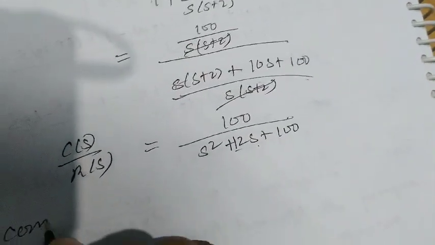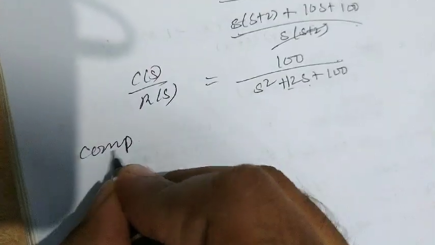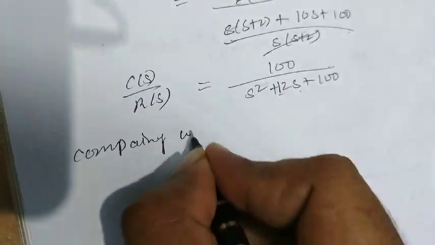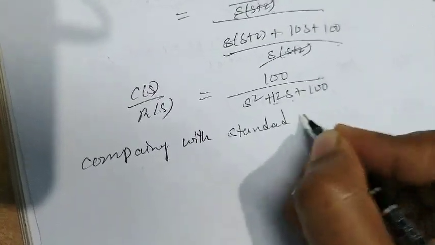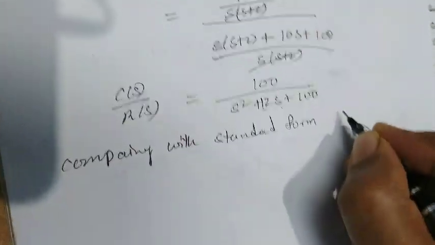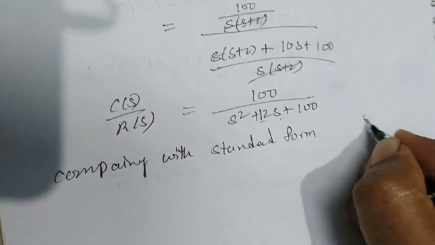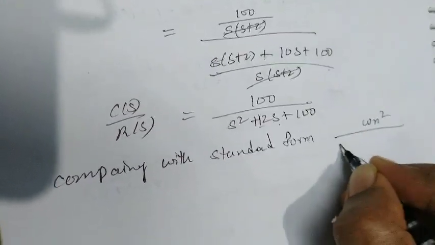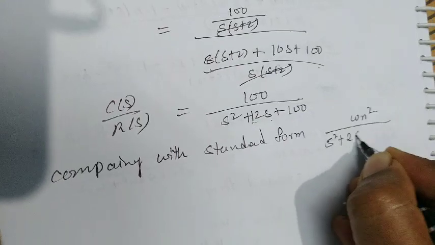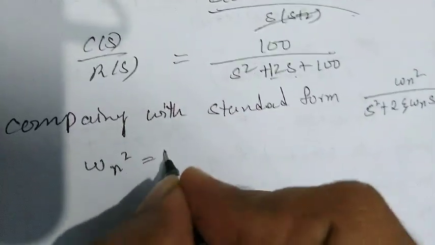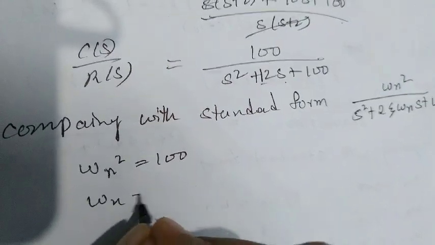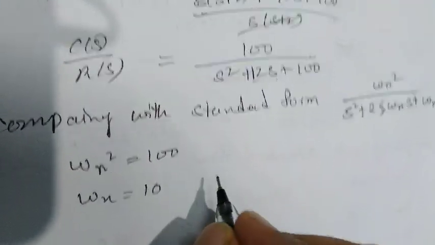So comparing with the standard form for a second order system, omega n square by s square plus 2 zeta omega n s plus omega n square, I'll get omega n square as 100, so omega n equals 10.